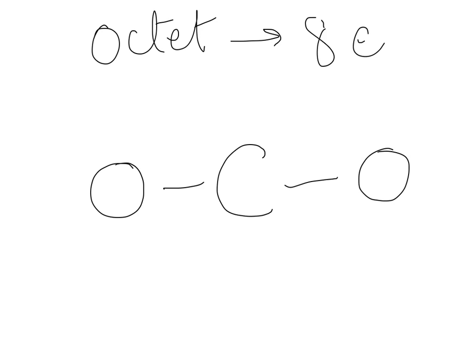Terminal atoms are the atoms that are not the central atom. So we have 2 terminal atoms, this one right here and this one right here, oxygen and oxygen. With the remaining 12 electrons, we need to complete the octet for each one of them.